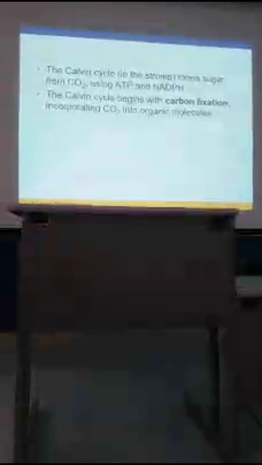The Calvin cycle makes the sugar. Because that sugar, once again, is carbon based, and we're adding hydrogen and things to it. The Calvin cycle begins with a process called carbon fixation, which is taking that carbon dioxide and making an organic molecule out of it.